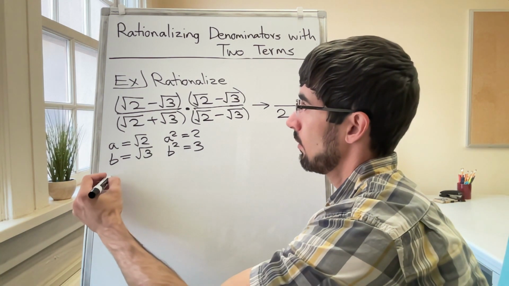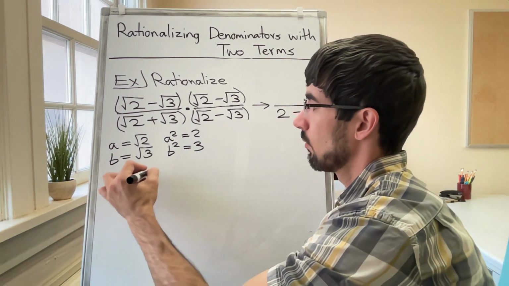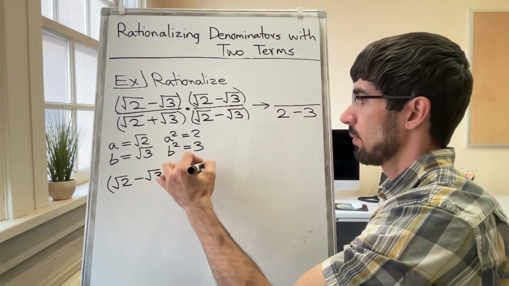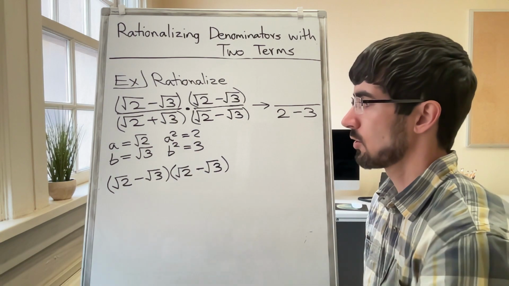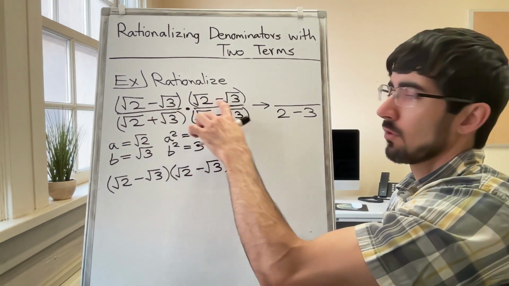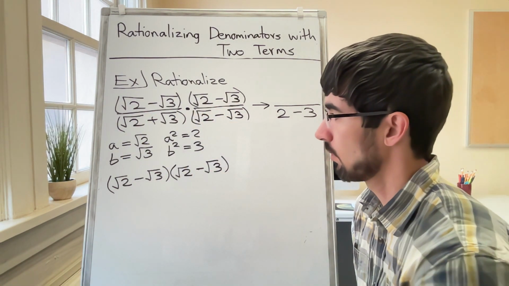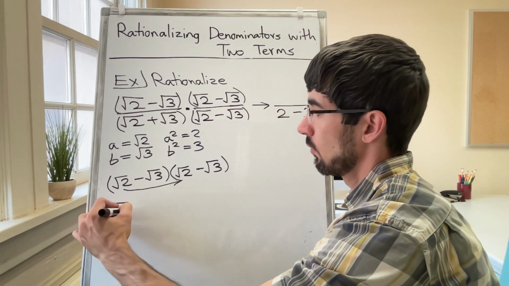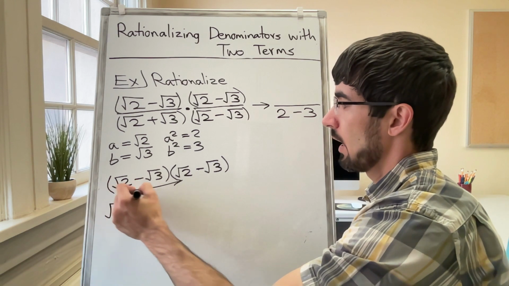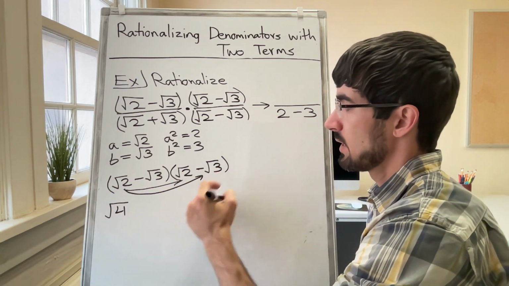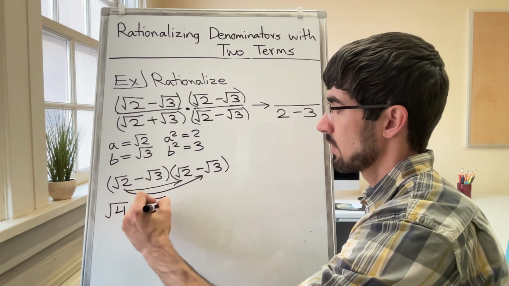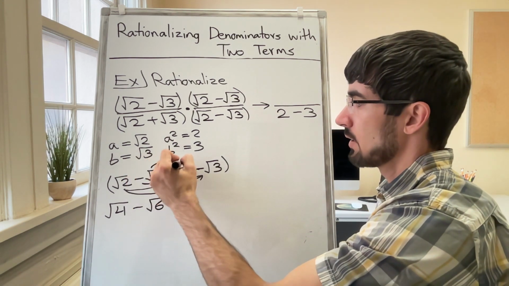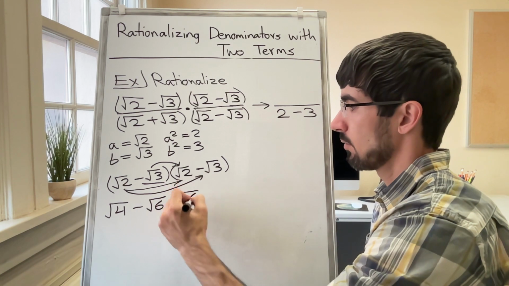It looks like once again we'll have a denominator of negative 1. Now for my numerator piece, there's really no other way around it than by expanding this multiplication. We're going to multiply term by term. I have root 2 minus root 3 times root 2 minus root 3. So when I multiply that together, I get root 2 times root 2, that's root 4. Then I have root 2 times negative root 3, so that's minus root 6. I move on to here, and I have minus root 3 times root 2, so that's minus root 6.